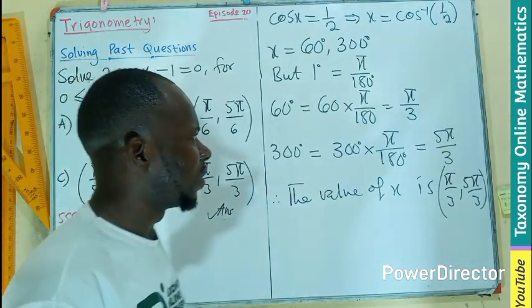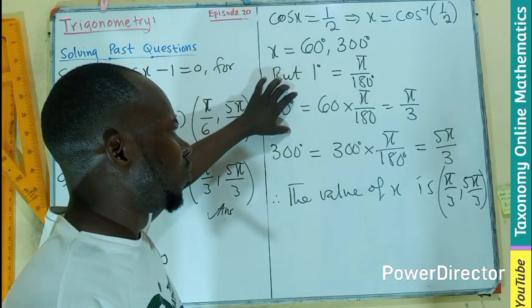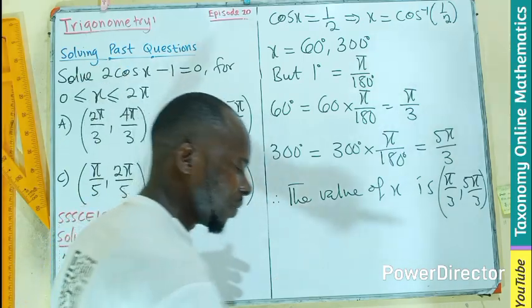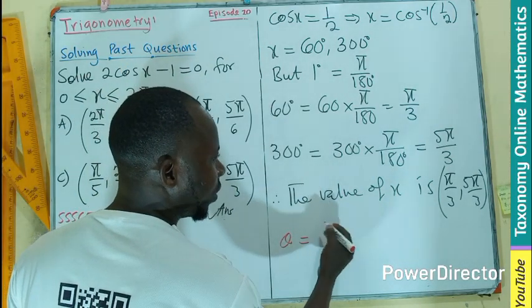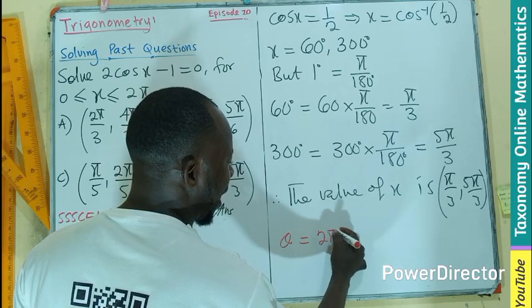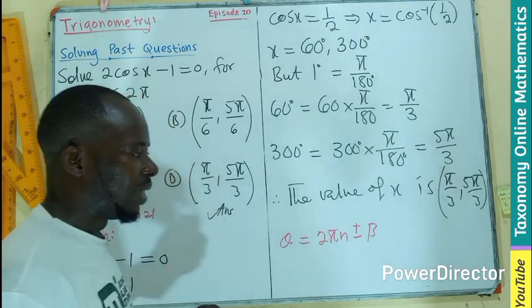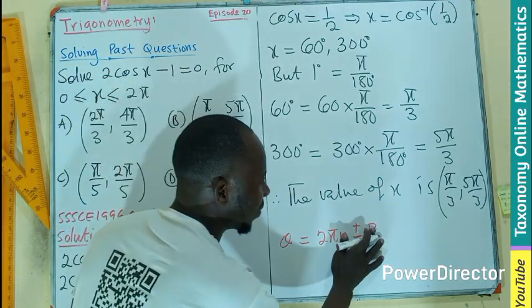We can also use, instead of writing the degree first before putting it into radian form, the general equation directly, which gives us theta equals 360, so 2 pi n plus or minus beta, where this beta is the cos inverse.